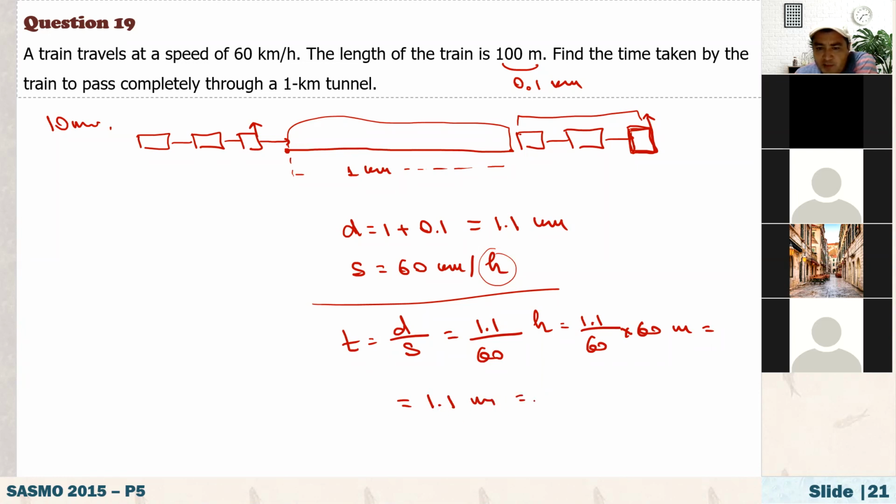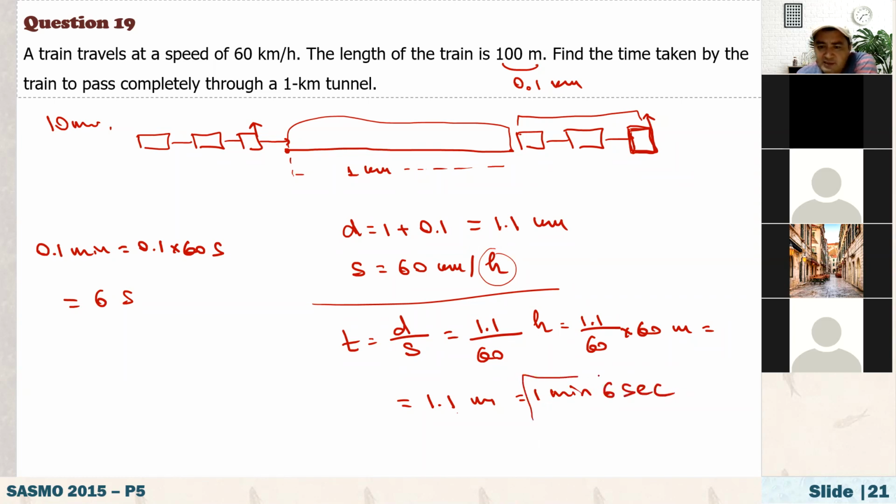And again, 1 minute, right? Plus, what is 0.1 minute? We know that 0.1 minute is equal to 0.1 times 60 seconds, because 1 minute has 60 seconds, which is equal to 6 seconds. So 1.1 minutes is equal to 1 minute and 6 seconds.